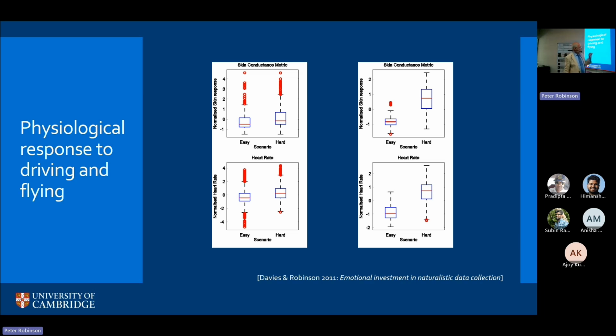And what we see is for the driving simulator, there's essentially no difference between the responses of different participants, whether they're doing the easy task or the hard task. But with the remote control, we see statistically significant differences in both the heart rate and the skin conductivity as they move to the harder experiment. And so this is interesting.